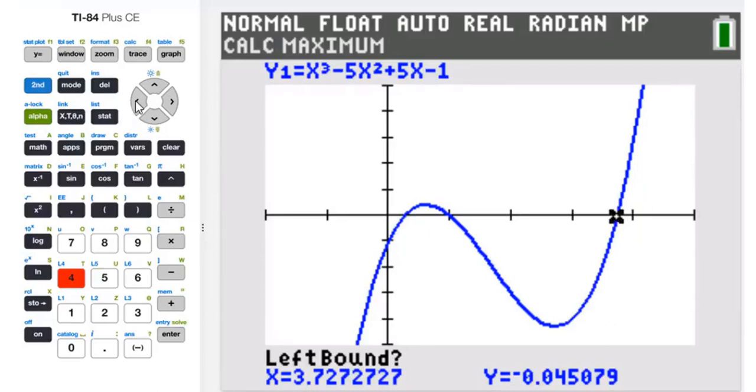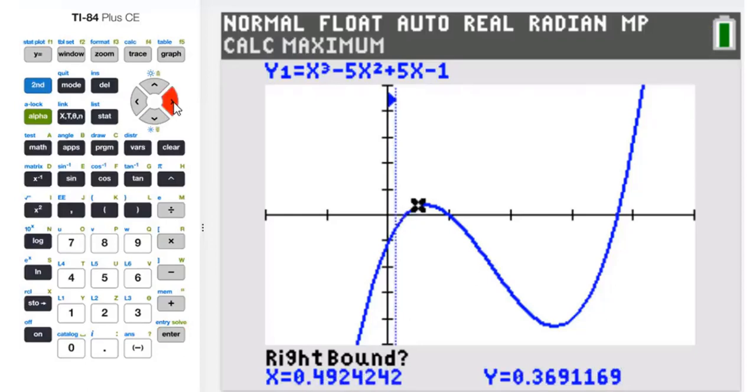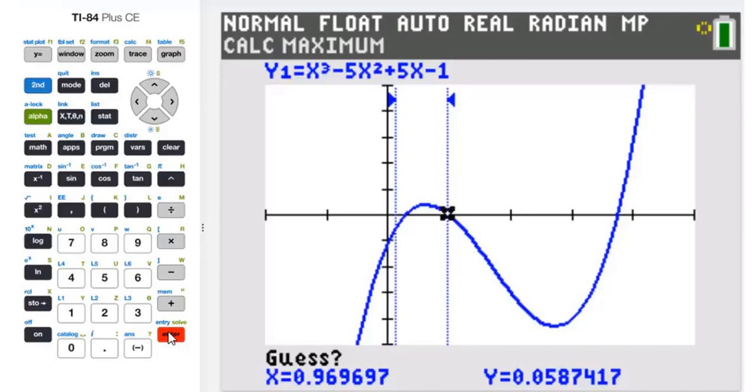So you have to move the arrow to the left side of this maximum value. Then I press enter. Then it asks you right bound. That means I need to move this arrow to the right side of this maximum. I press enter. Then enter.